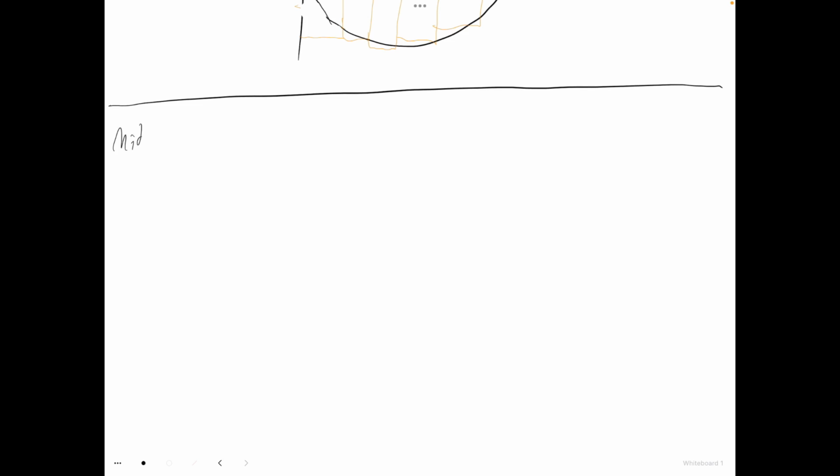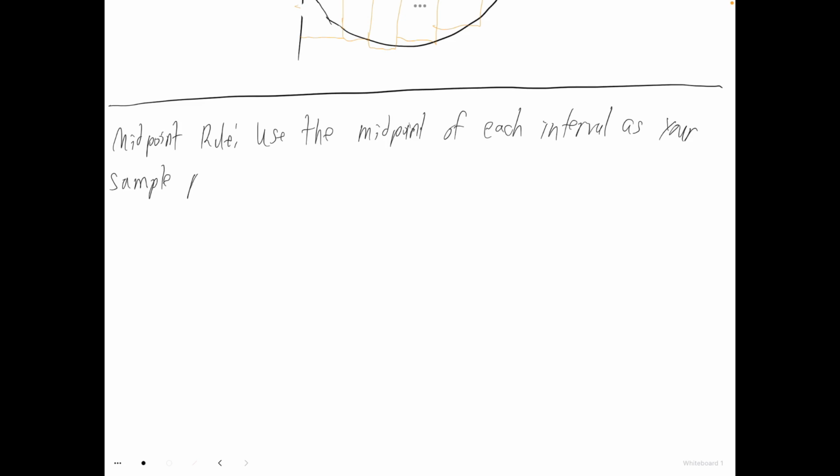And all the midpoint rule says is use the midpoint of each interval as your sample point.